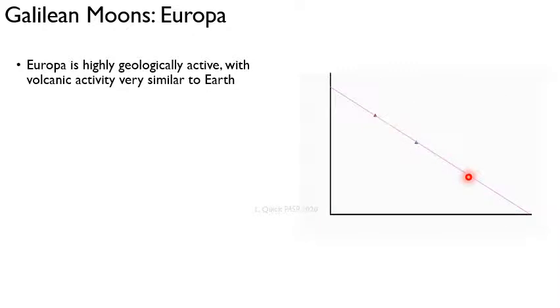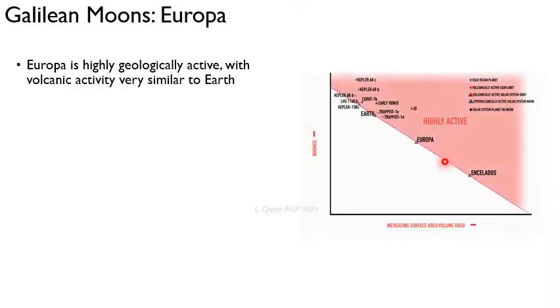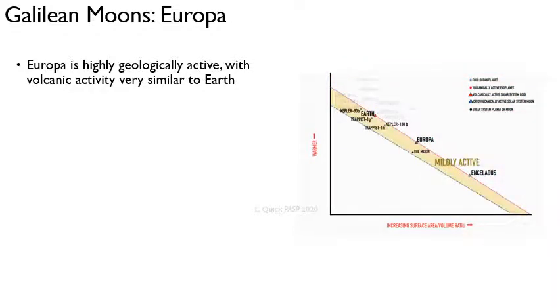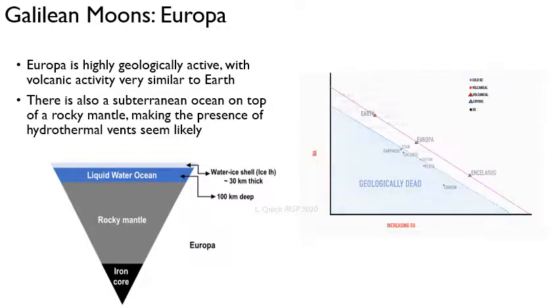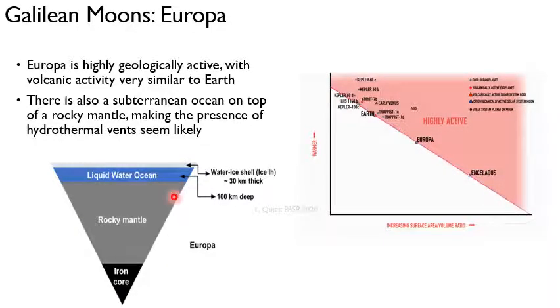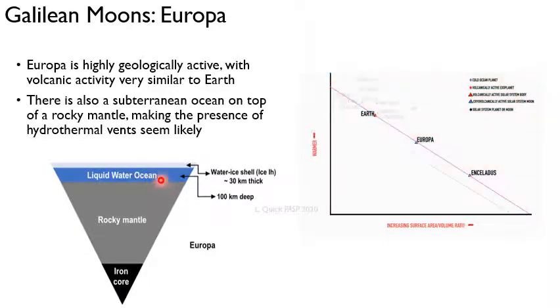And so an argument would be if you have this similar geologic activity, then perhaps you're going to be similarly conducive to life, right? Now, that's a pretty shaky argument. If you go into more detail, the most interesting thing about Europa is that you have a rocky mantle and then a liquid water ocean on top of that.